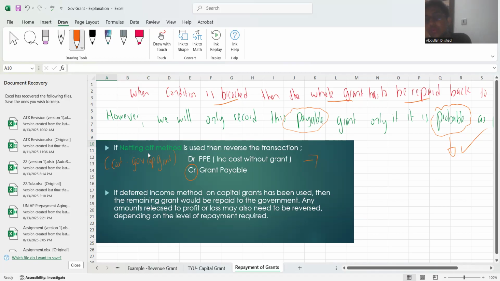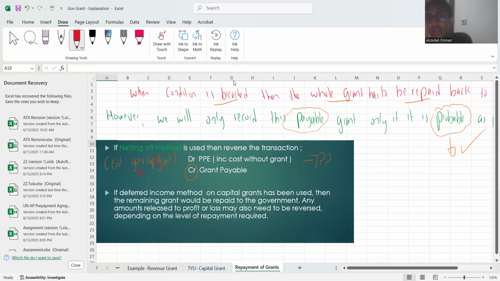Now you can ask, why do I debit? Can you see here? Let me use another pen. When you obtained the grant, under the netting off method, you would have deducted the capital grants from the cost. Now this part needs to get cancelled, and the cost needs to be brought back to its original value.